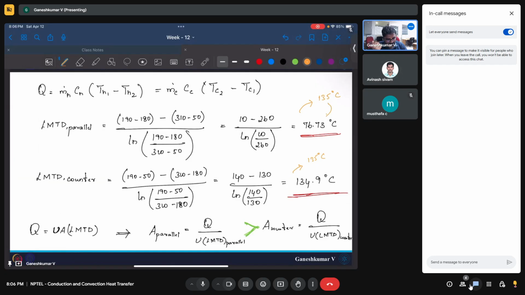But actually it's 76. So you should use LMTD instead of the mean temperature. But in counterflow, you can make such an approximation if you don't want to find the LMTD, because these two are practically close. Is that what you are asking? Yes, sir.